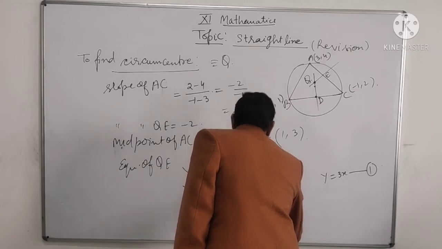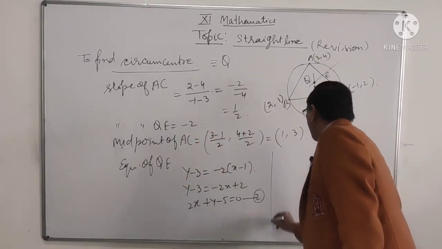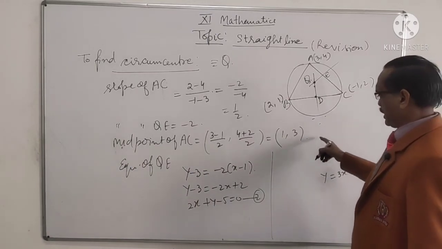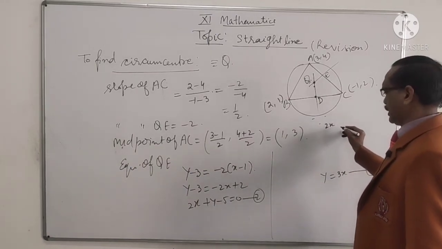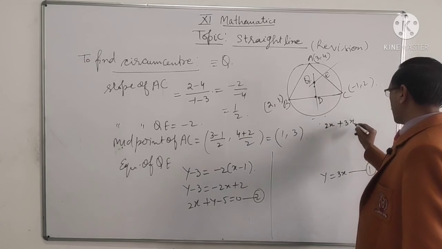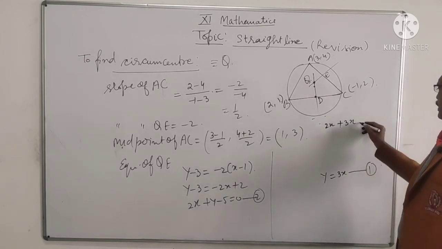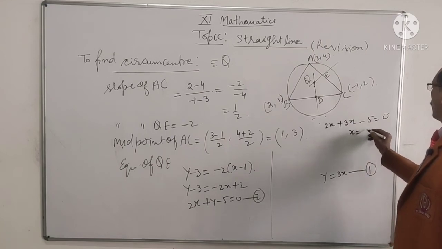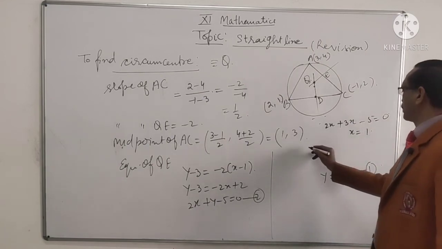It's equation 2. Now solving 1 and 2, since y equal to 3x, so it is 2x plus 3x minus 5 equal to 0, so 5x minus 5 equal to 0. From this we will get x equal to 1 and y equal to 3.